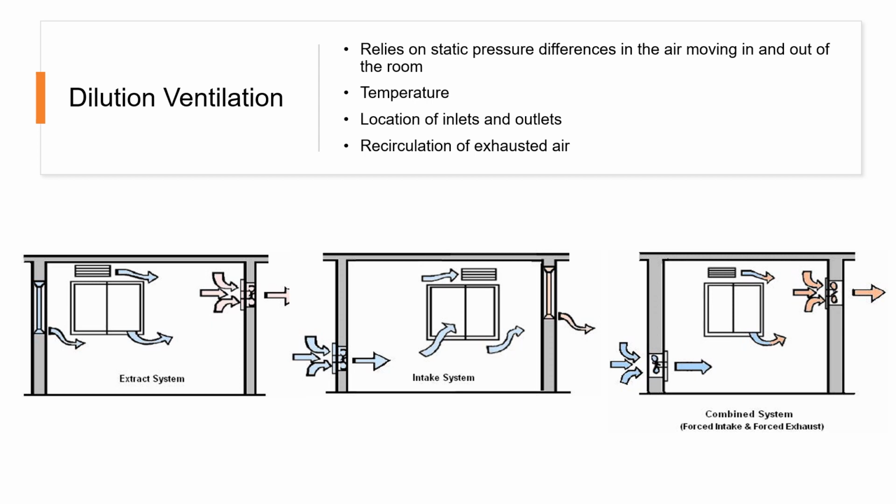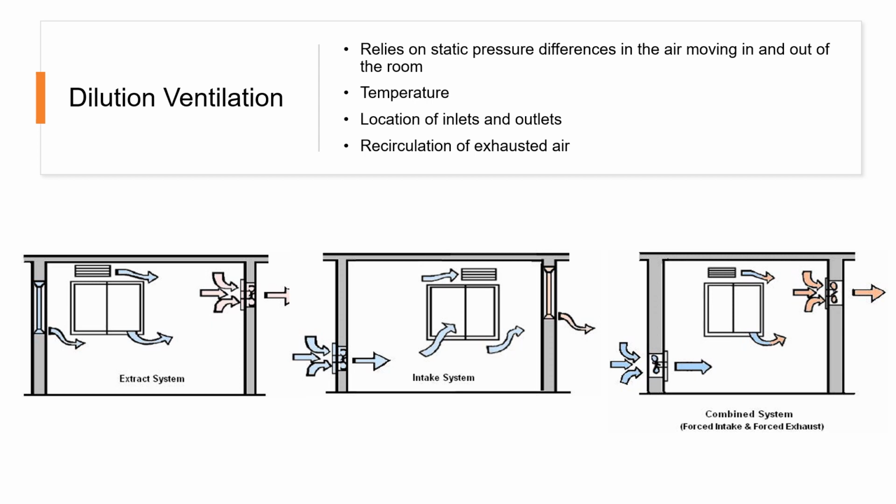So the exhaust fan at the outlet is extracting the contaminated air out of the room. The extraction creates an area of negative pressure, which causes the fresher replacement air to flow through those doors, windows, or low-level intake grills.